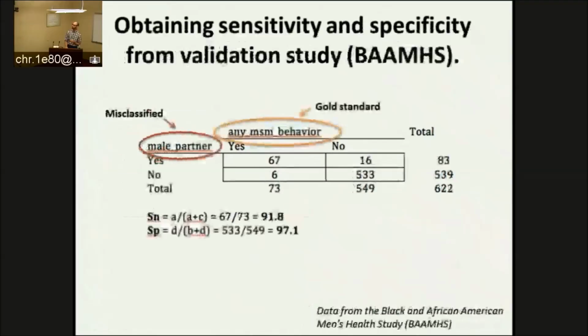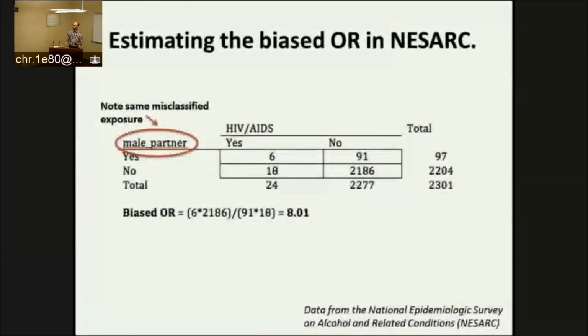So we were able to obtain these estimates of sensitivity and specificity. Okay, let me back up. This slide here: we were interested in knowing, from a national survey, how the fact that people are underreporting affects the estimates that you see from a data source like NESARC.